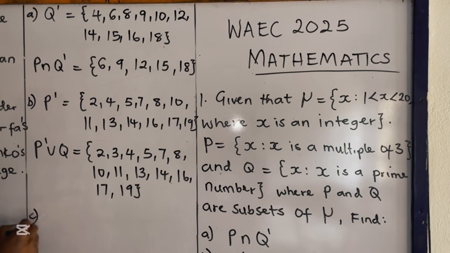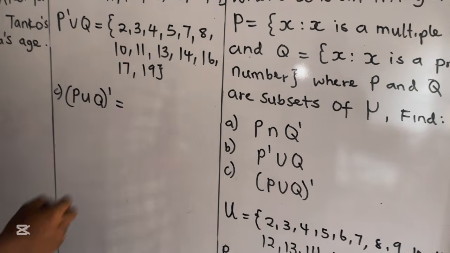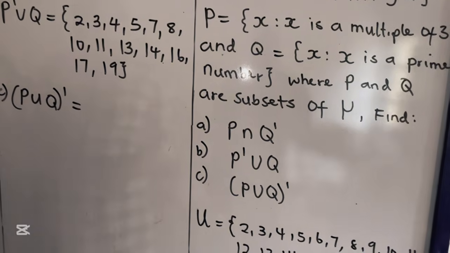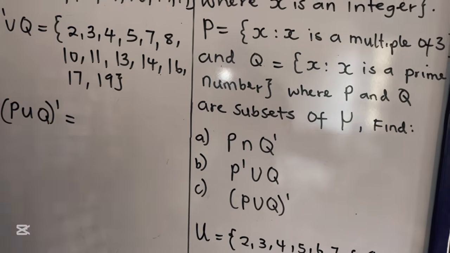So the last question we have is P union Q prime. So we have to find out P union Q before we find out P union Q prime.